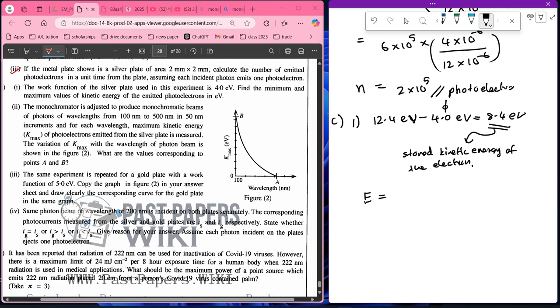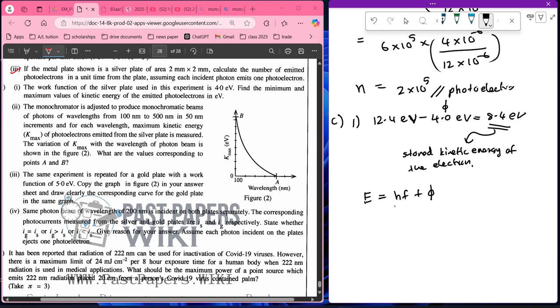So E equals hf plus psi. That is, this is the energy, this is the hf product, or the kinetic energy released, and this is the work function.